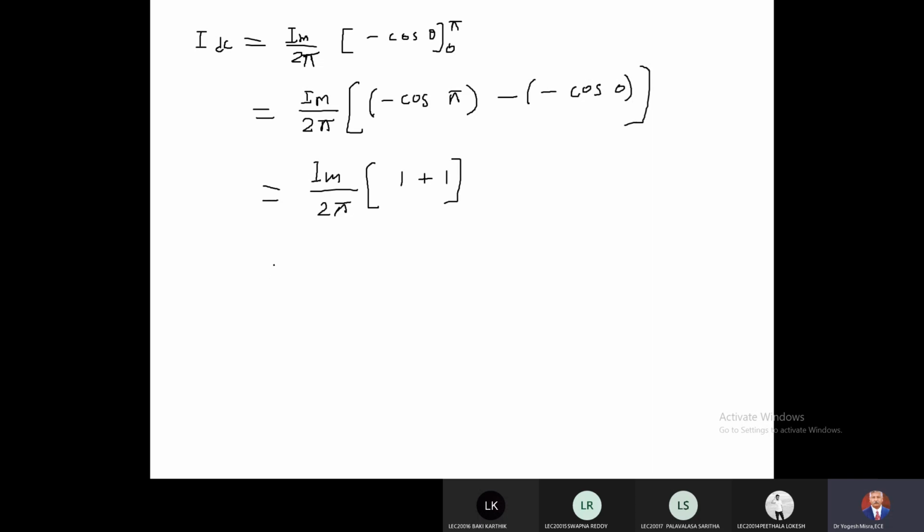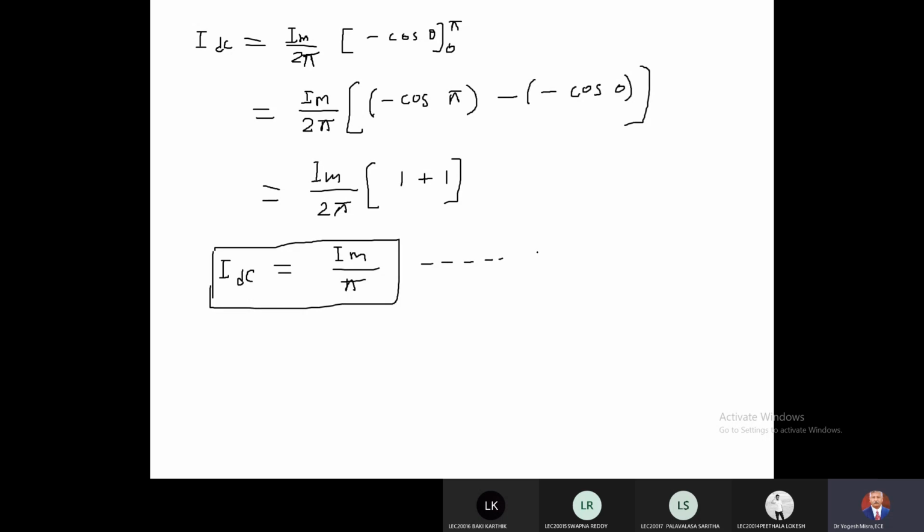So this will be Im by π. This is I_DC. So in case of half wave rectifier, I_DC is Im by π, right?